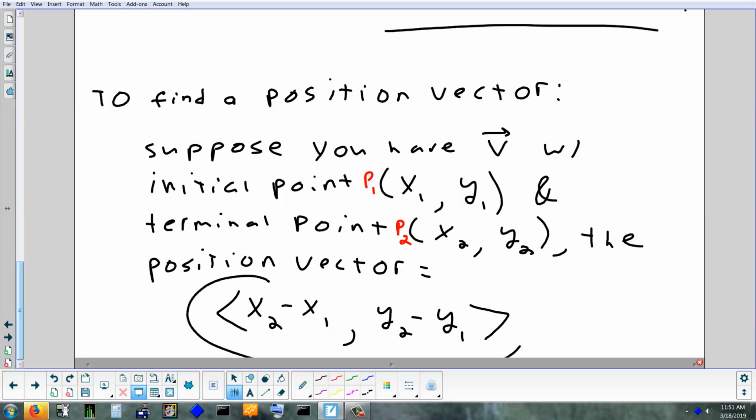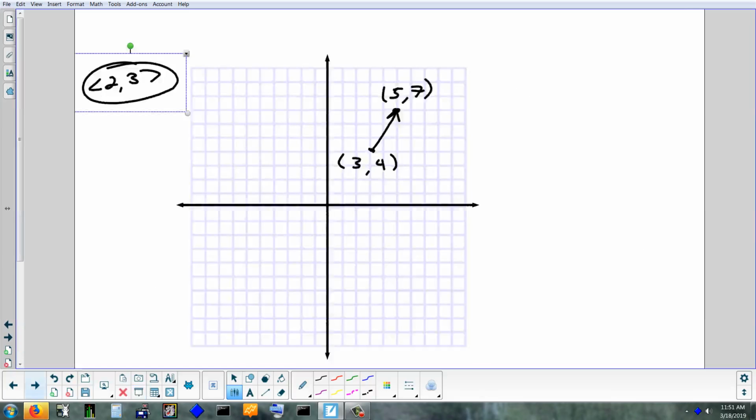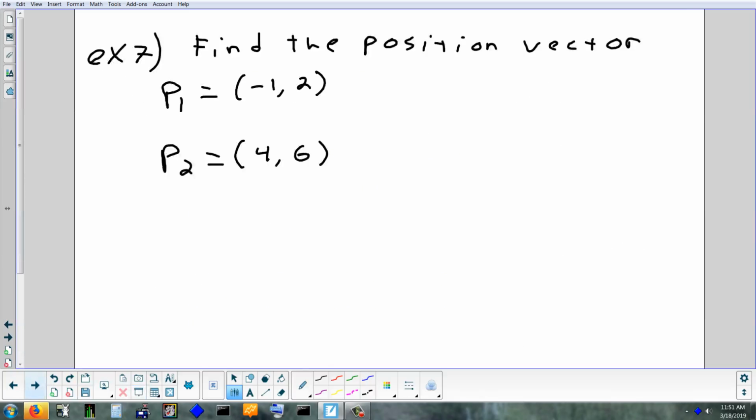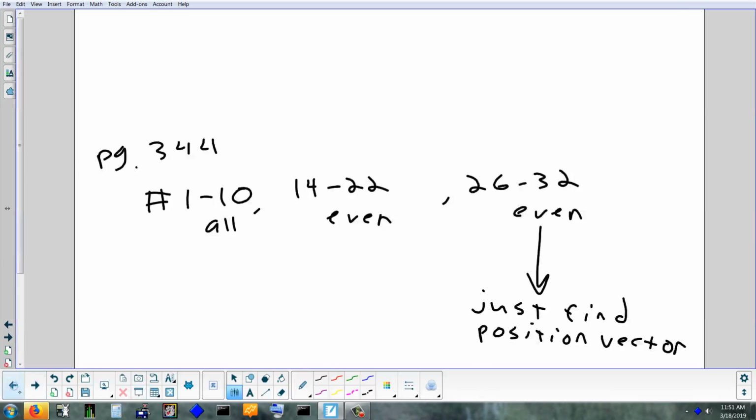Okay. Any questions on that formula before we finish up with an example of that? So they're not really specifying which one is initial and terminal, so always just go by the convention. First point is initial, second point, terminal. Okay, so find the position vector.